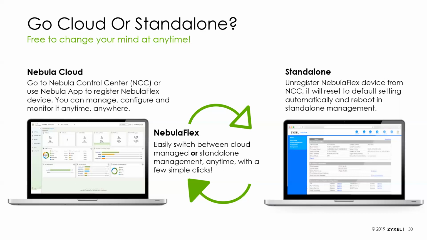The one key thing to keep in mind here is some of the features are a little bit different between modes. And because of that, the configurations are not shared between modes. So, if you're using a Nebula and you decide to put it in standalone, it will lose all of its configuration and you will need to reconfigure that device.